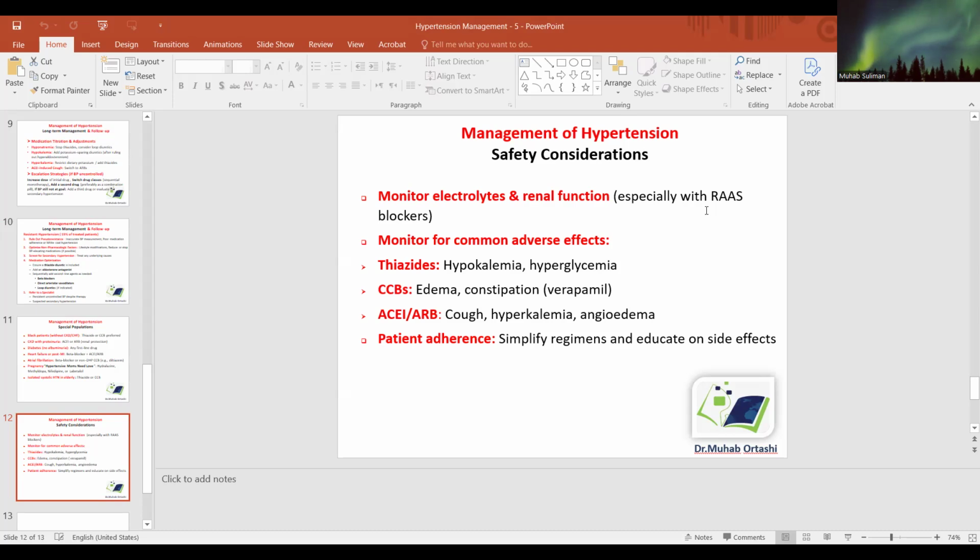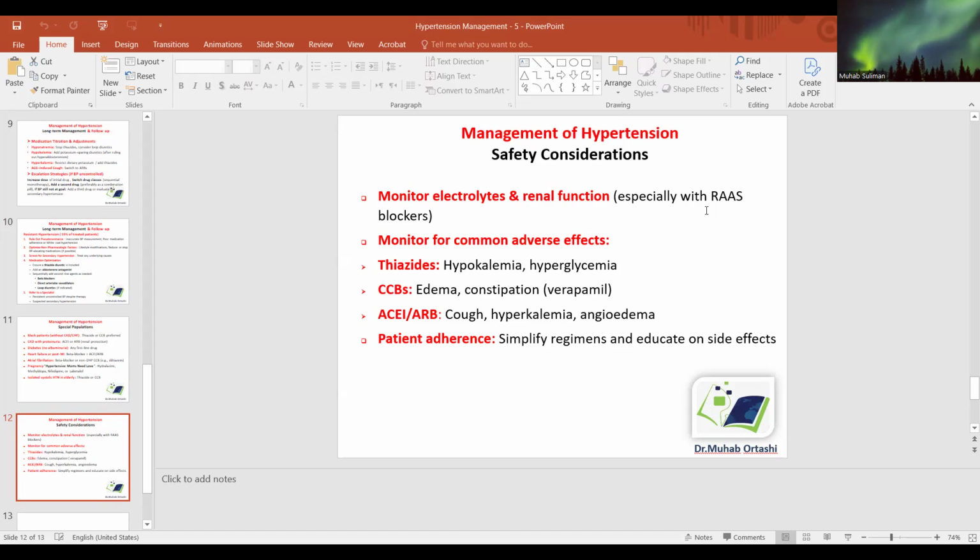Thiazide diuretics are associated with hypokalemia and hyperglycemia, calcium channel blockers, especially verapamil, with edema and constipation, and ACE inhibitors with hyperkalemia, angioedema and cough.